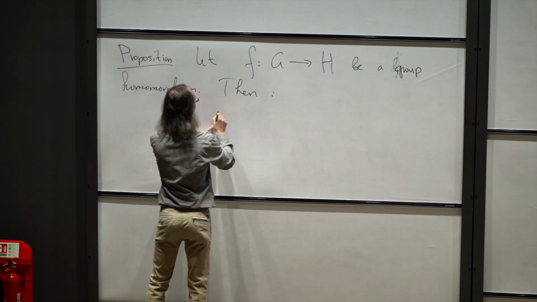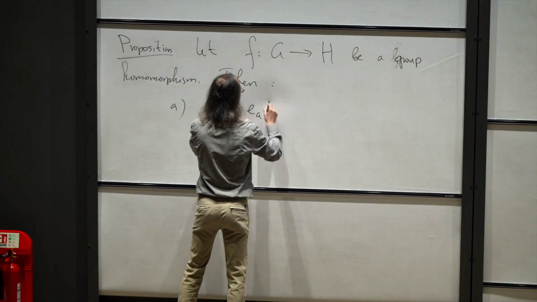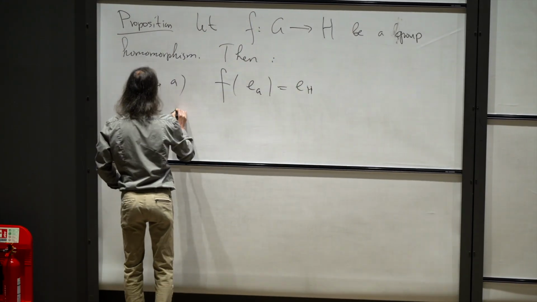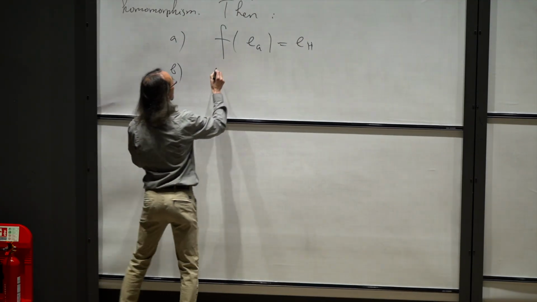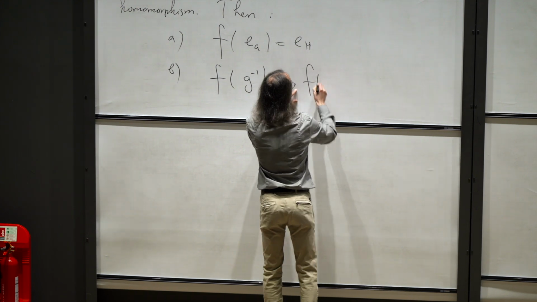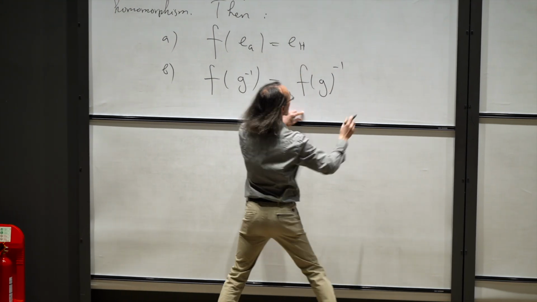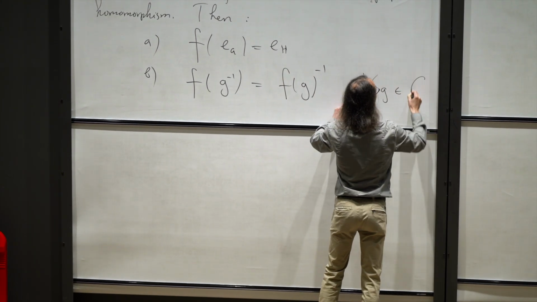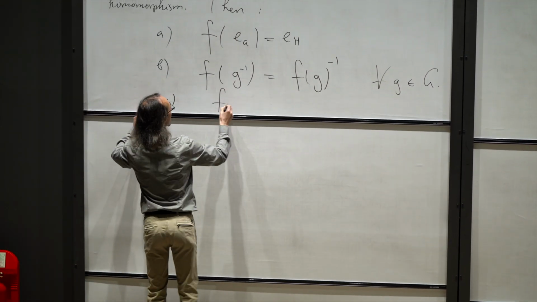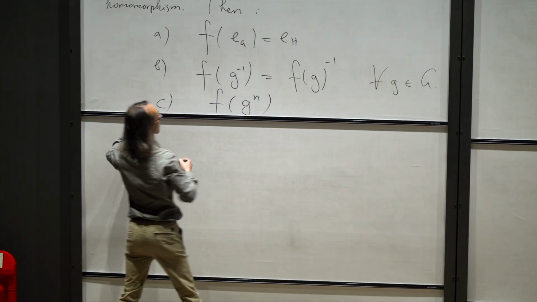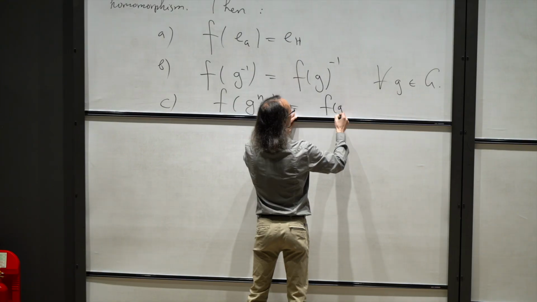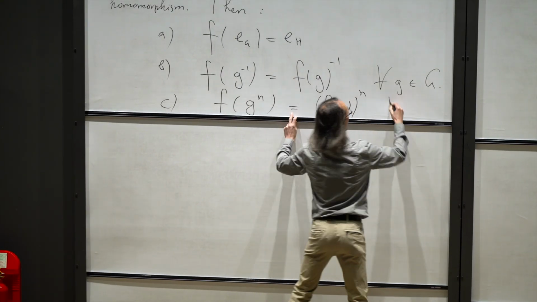First, f sends the identity of G to the identity of H. Second, f sends the inverse of an element to the inverse of its image, for all g in G. And third, f sends the nth power of g to f of g to the n, again for all g in G.